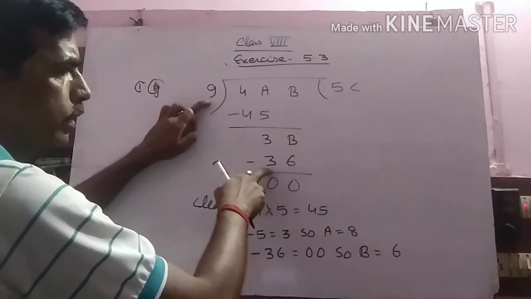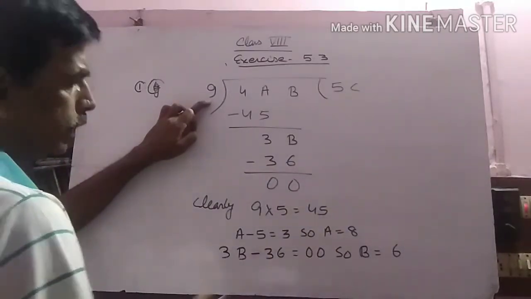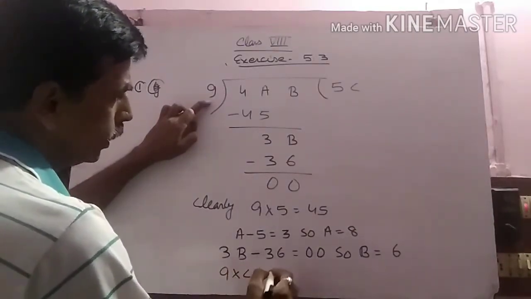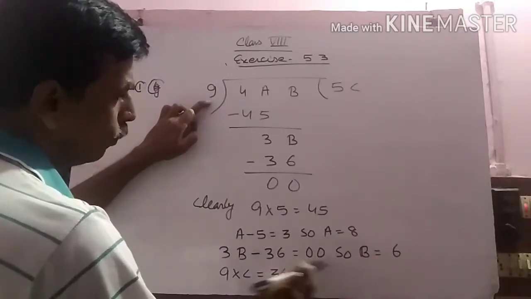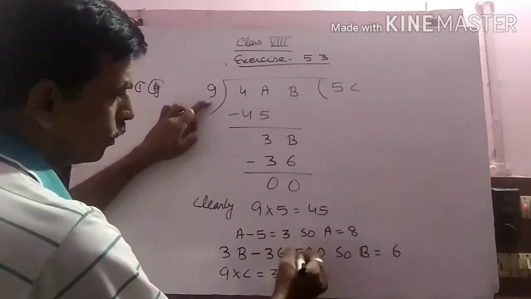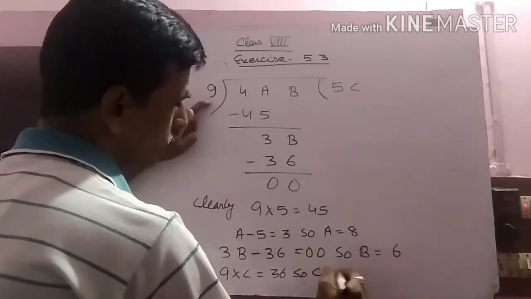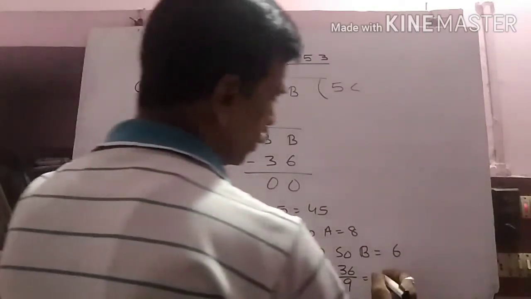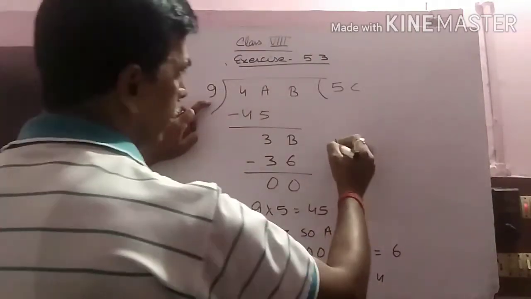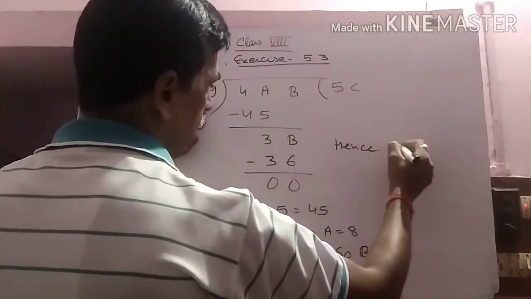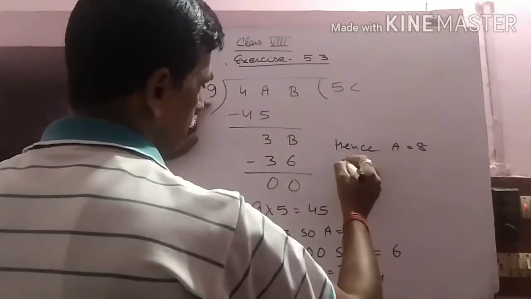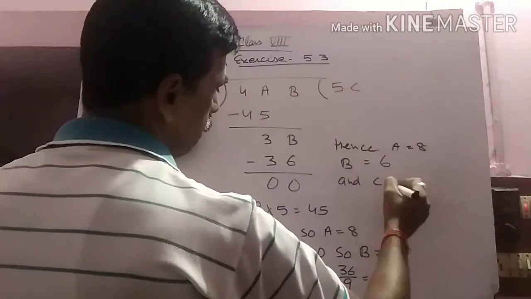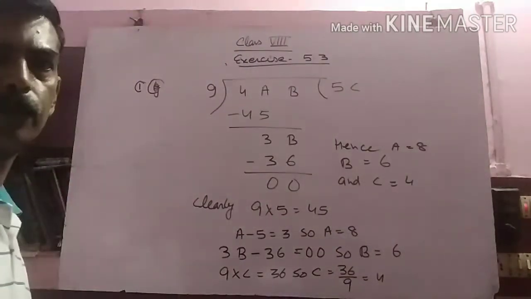Place of ones, place of tens. So B is equal to 6. Now we can say that 9 into C is equal to 36. Therefore, C is equal to 36 by 9, which is 4. So finally you can write like this. Hence, A is equal to 8, B is equal to 6, and C is equal to 4.